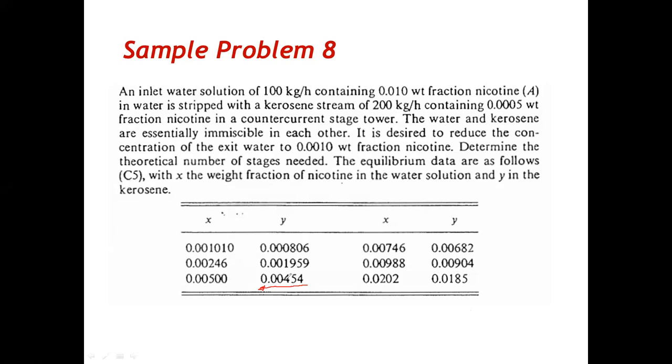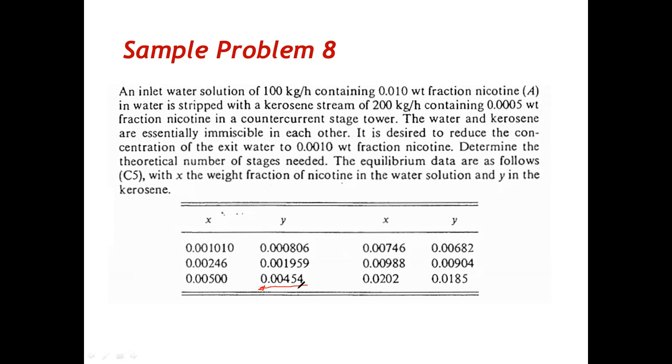So you just look for the approximate. If you really want the 0.00498, you can approximate by interpolating between these two values. This one is 0.002, and 0.0058 is between these two. So you can interpolate between these two data.